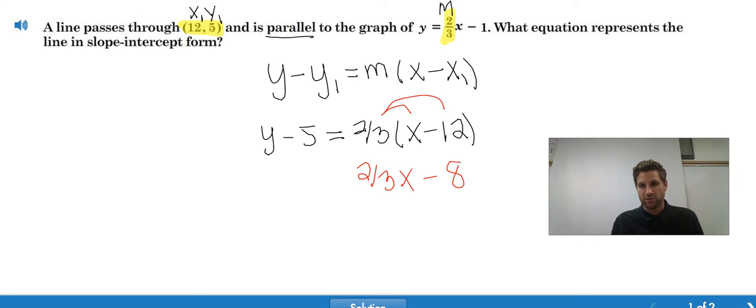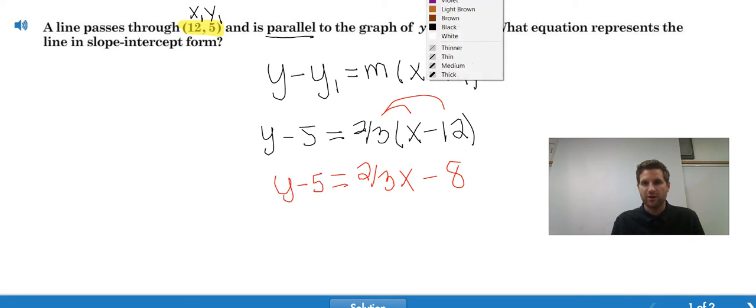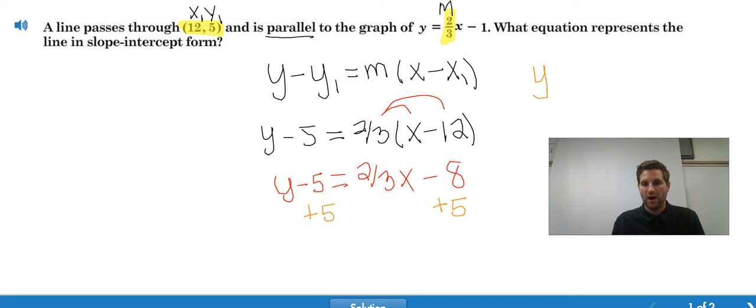So 2/3 of 12 is 8, equals y minus 5. For our last step, we're going to add the 5 over. And we get y equals 2/3 x, and instead of -8 and 5, we're going to have -3.